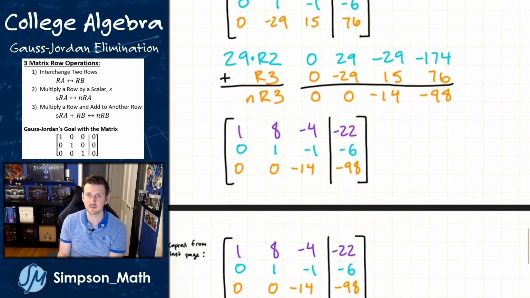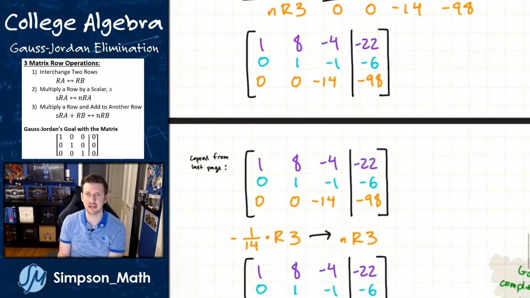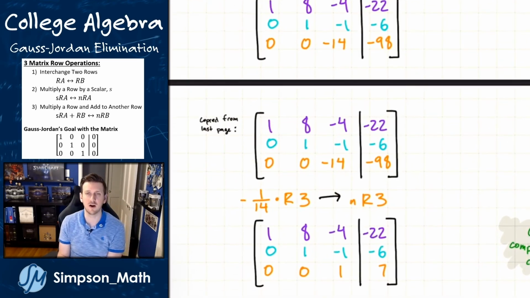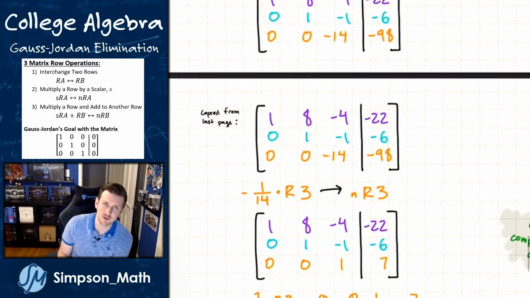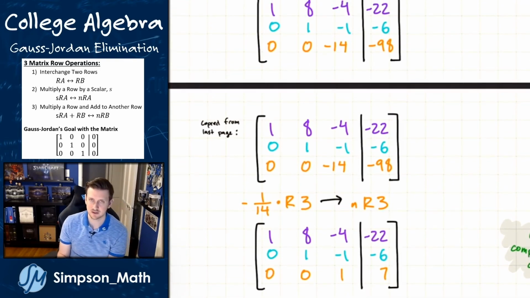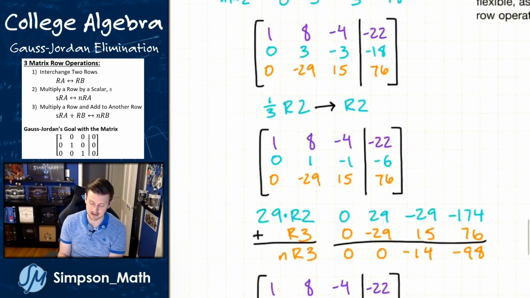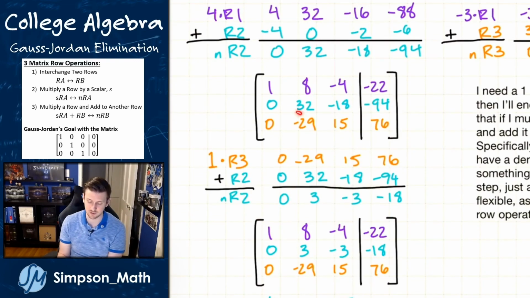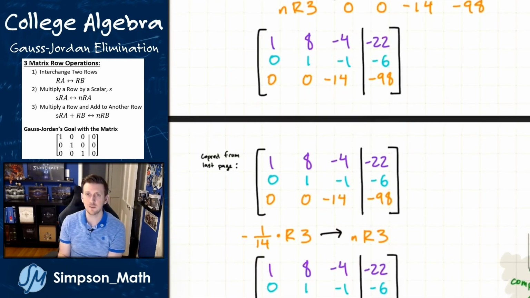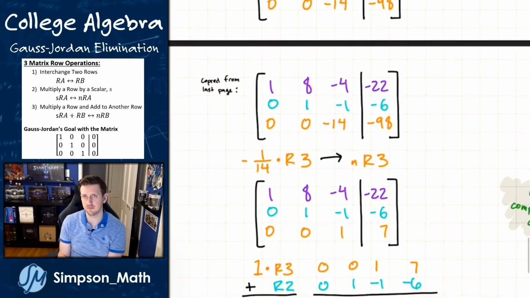Fear not, -14 and -98 are actually multiples of 14. So the easiest way to get a 1 is to multiply by the reciprocal. Now, I tried that up here, but multiplying by the reciprocal produced ugly fractions. But here, it didn't.